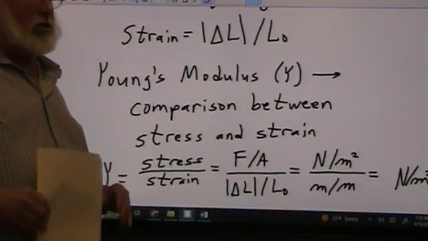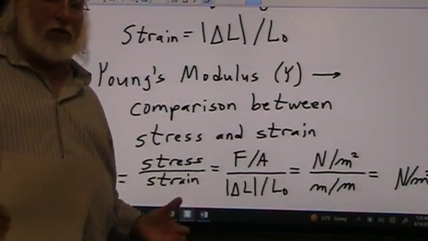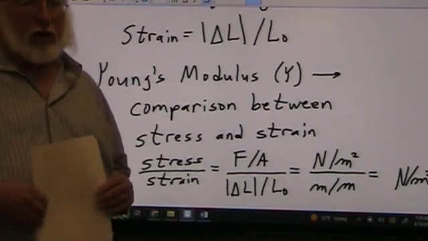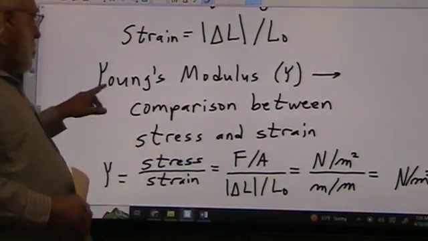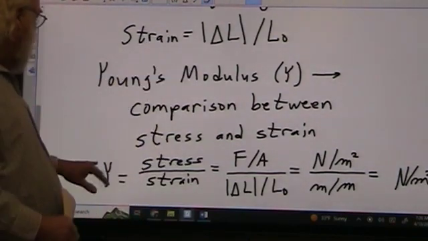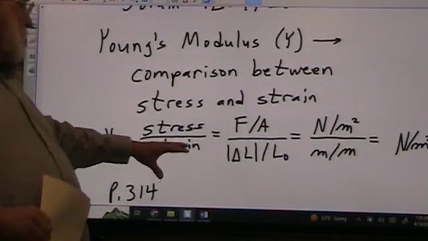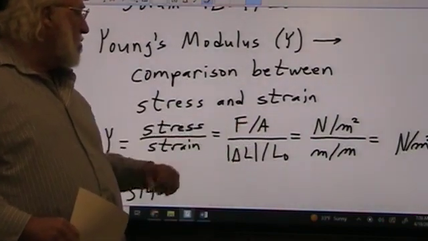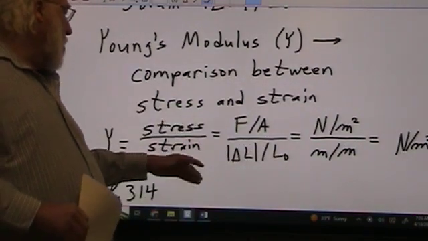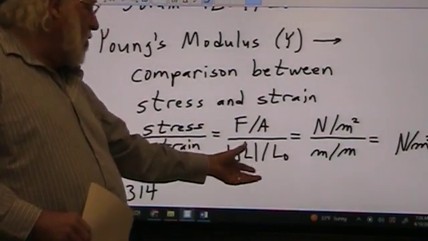The comparison between the stress and the strain then becomes an important factor that we can measure for each material, and that's called the Young's modulus. Young's modulus, the letter Y, is stress divided by strain, where stress is force over area, and strain is the change of length over the original length.